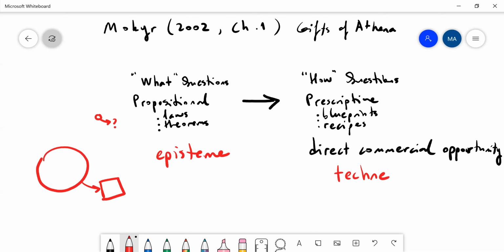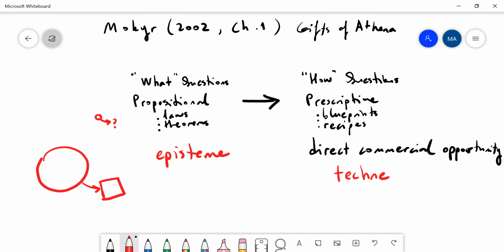If we know the working of air and water and pressure and friction and matter in general, then we have a higher likelihood of developing a steam engine.